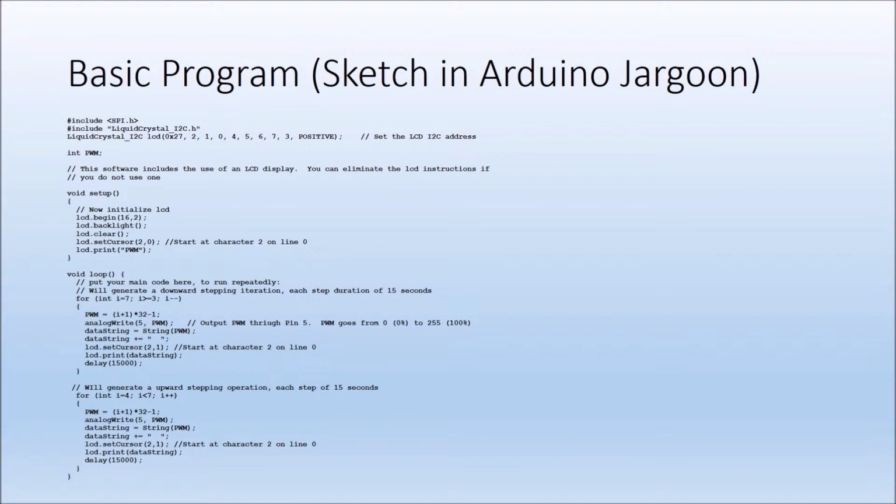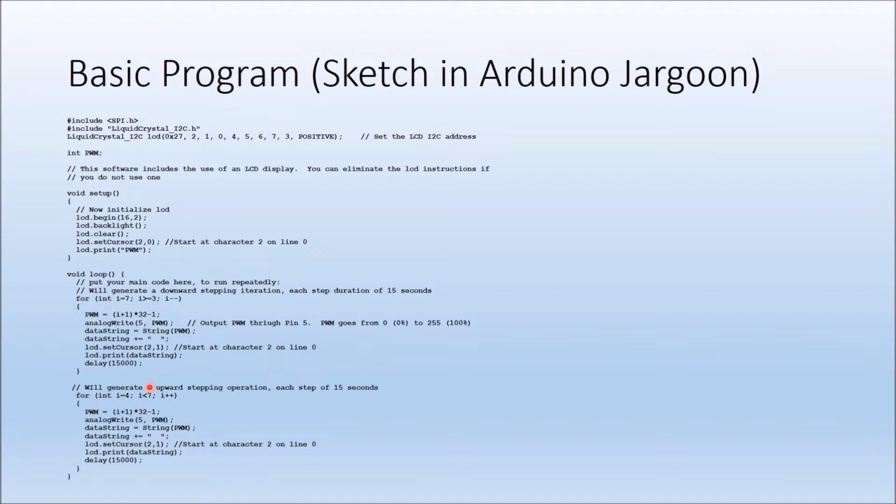Here's a basic program, a sketch as it's called in Arduino jargon, and I use a liquid crystal display and a library, which is very easy to download. In the Arduino there are always two main routines: the setup and the loop.